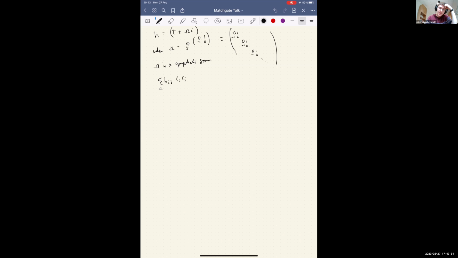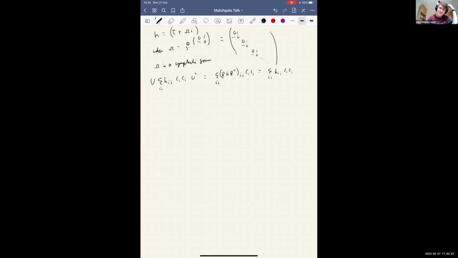Well, we know that R preserves H. So if I apply U to this thing, U dagger, then essentially by the same reason as before, I get the sum over i, j of (R H R transpose)_ij c_i c_j, which equals the sum over i, j of H_ij c_i c_j.